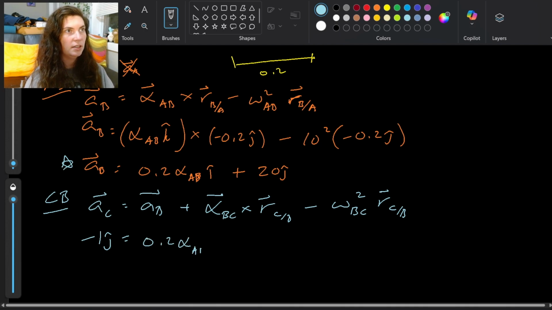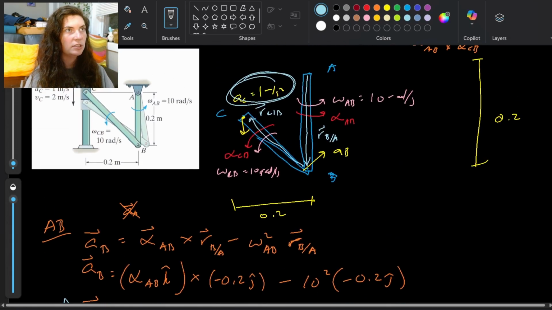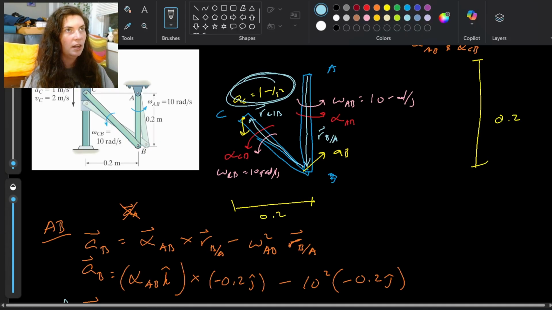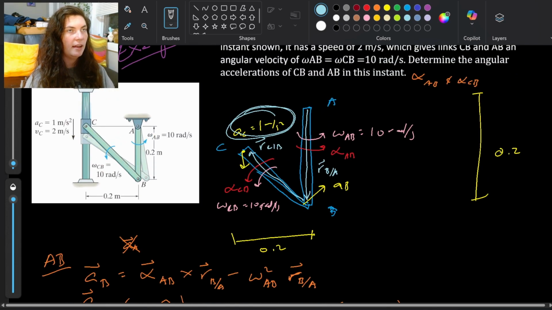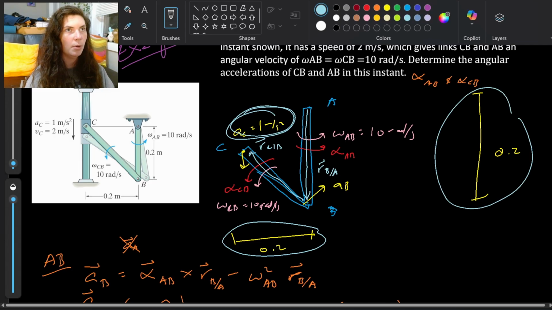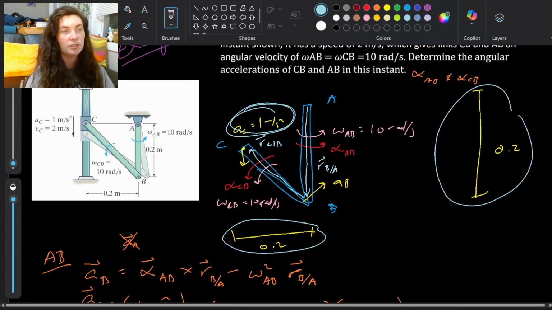0.2 alpha AB I hat plus 20 J hat plus my alpha BC. And let's see, what direction did I give that? I said that was going counterclockwise as well, so that's a positive K. The alpha BC K hat cross product with my RCB, and it looks like I have not the overall length of CB, but I do have the X and Y components of that position vector CB, so that makes things really easy for me.